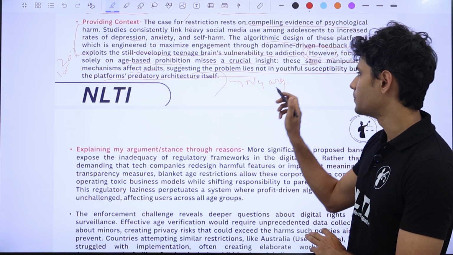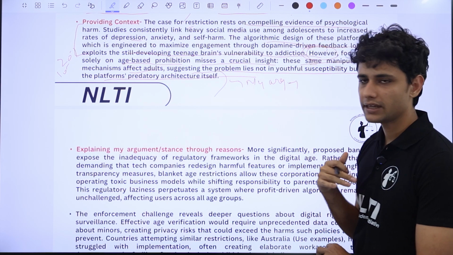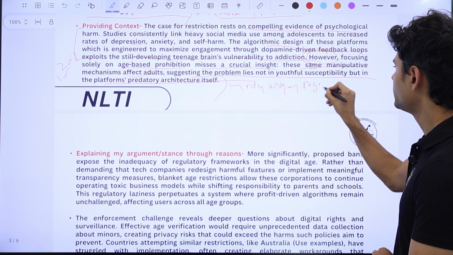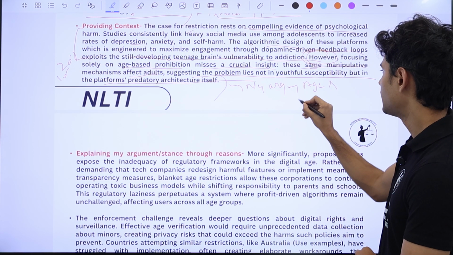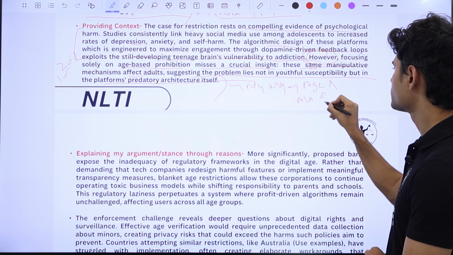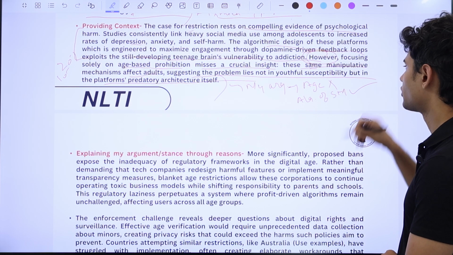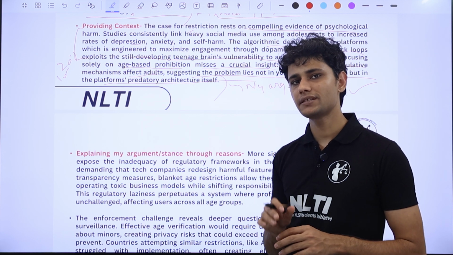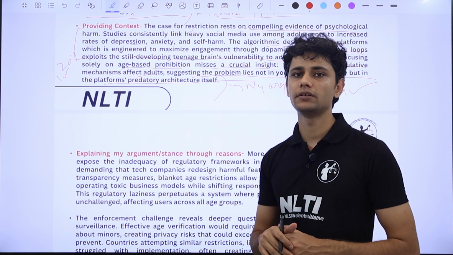So the claim here, if I had to summarize my position, is that age is not the problem. The algorithm of social media is the problem, and therefore if you were to ban social media for children, we will miss the actual reason behind the problem.